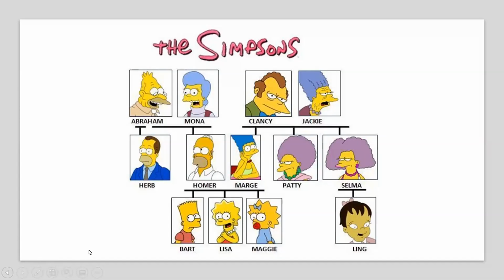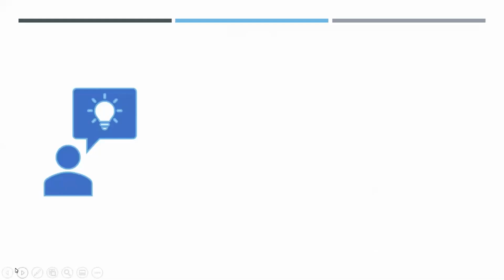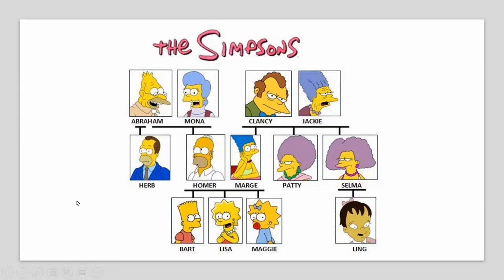Professor Dainty, I have a question. Yeah. See how Homer and Marge are placed close to each other? I thought the oldest sibling is always to the left. So if Homer was older than Herb, would you place him over there and then draw the connection that way?